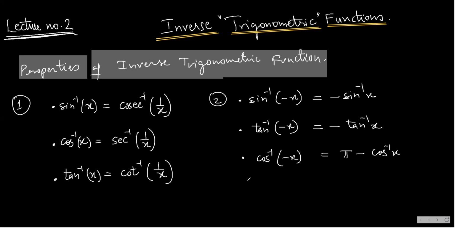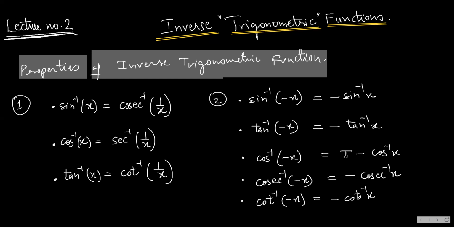Similarly, cosec inverse of minus x is minus cosec inverse x. Then cot inverse of minus x is pi minus cot inverse x.